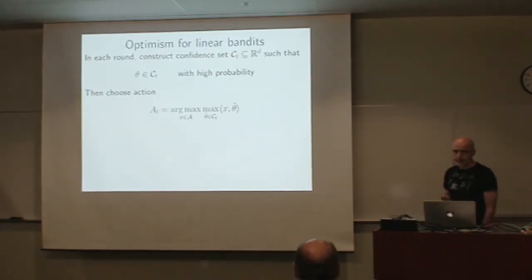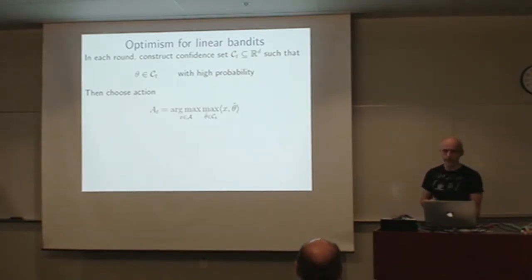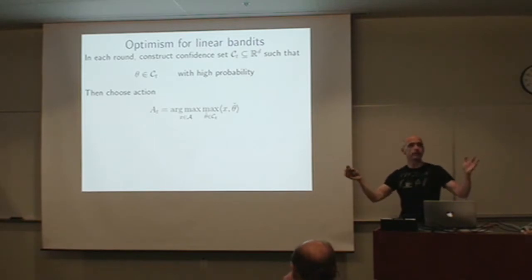And one standard algorithm design strategy is optimism. So how does it work? In each round you construct a confidence set, C_t, which is a subset of R^d, the parameter space, the dual of the feature space, such that the true underlying parameter vector is included in that confidence set with high probability.